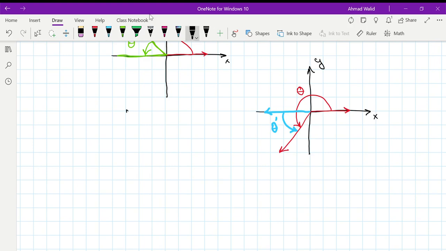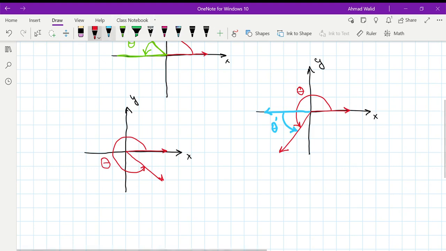Or one more, I'll show you another one. This is your xy plane. For example, if I have this angle, initial side, and let's say this is the terminal side, correct? If this is theta, all of it from here to here, then theta prime will be this.